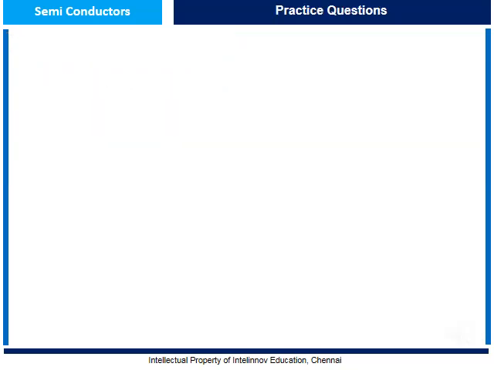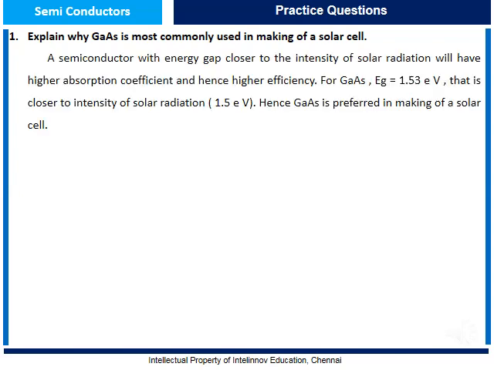Now let us look at some of the important questions. Question number 1. Explain why gallium arsenide is most commonly used in making of a solar cell. The answer is, a semiconductor with energy gap closer to the intensity of solar radiation will have higher absorption coefficient and hence higher efficiency.